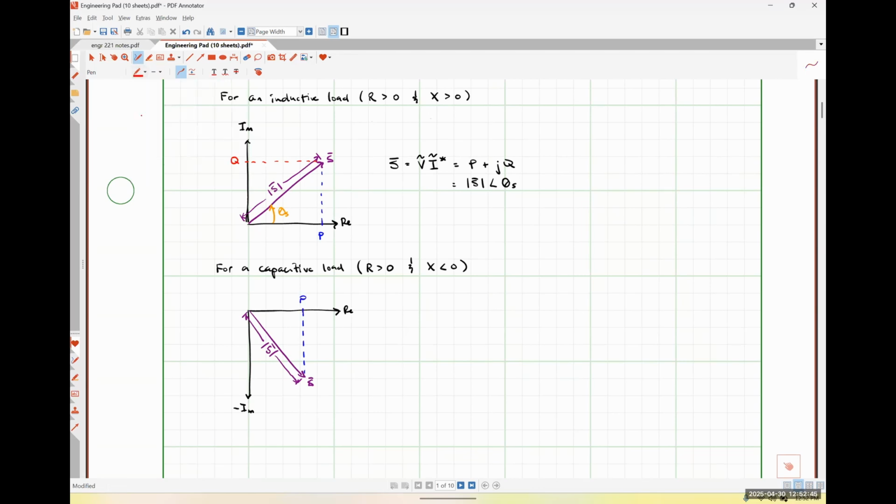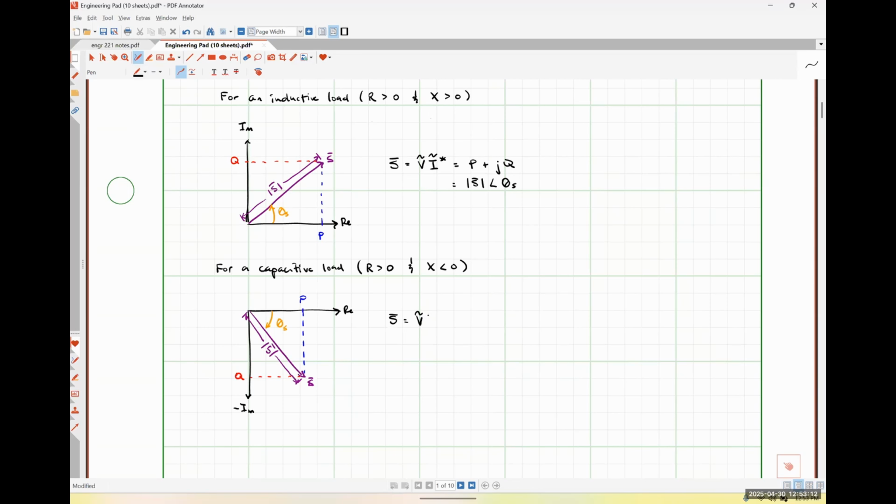The projection onto the imaginary axis is my reactive power. And the angle found by measuring theta from the positive real axis down towards my complex power vector is my power factor angle. So we get the exact same relationship.